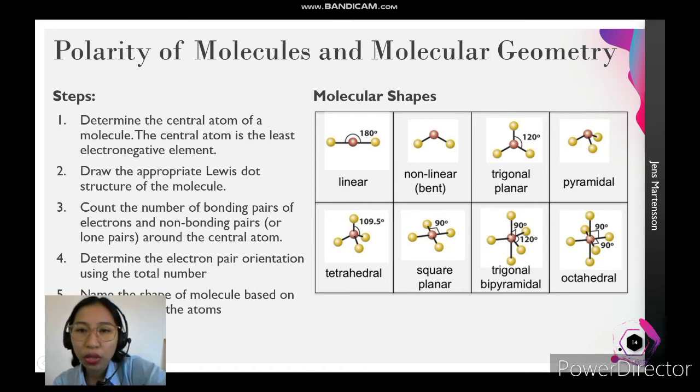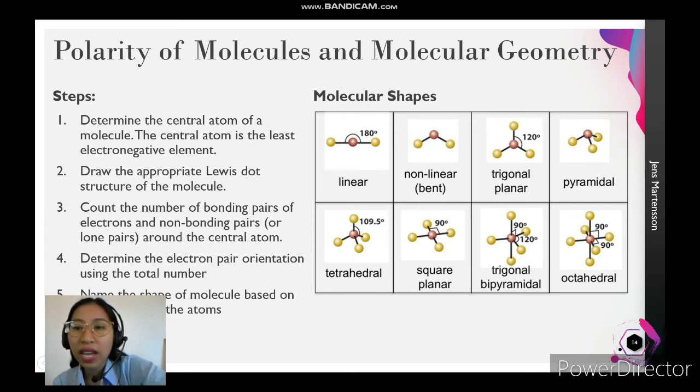Therefore, you are going to have a non-linear bent. So with one lone pair and two bonded pairs, your electron pair orientation is trigonal planar and your molecular shape is non-linear bent.